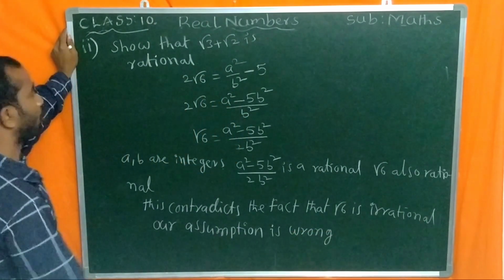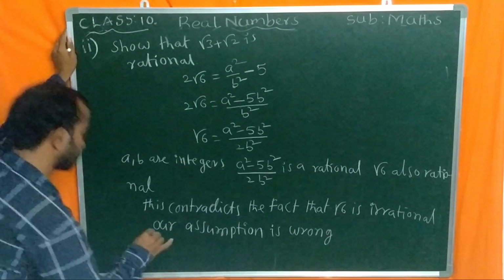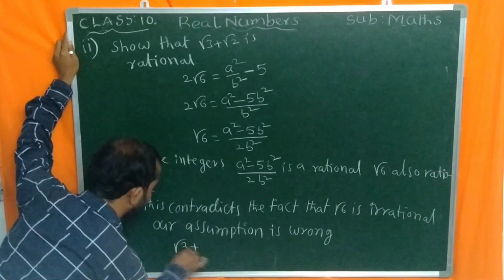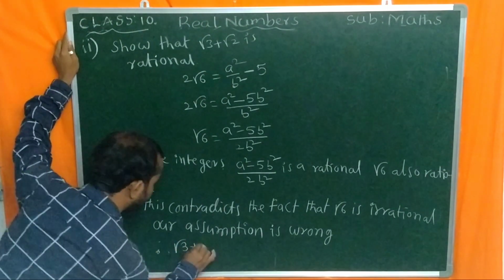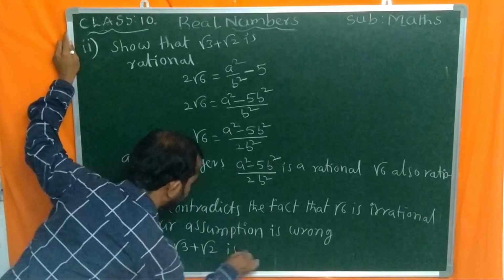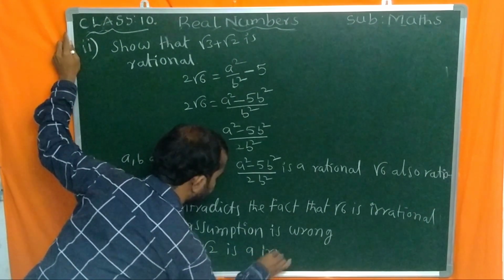So root 3 plus root 2 is irrational. Therefore, root 3 plus root 2 is an irrational number.